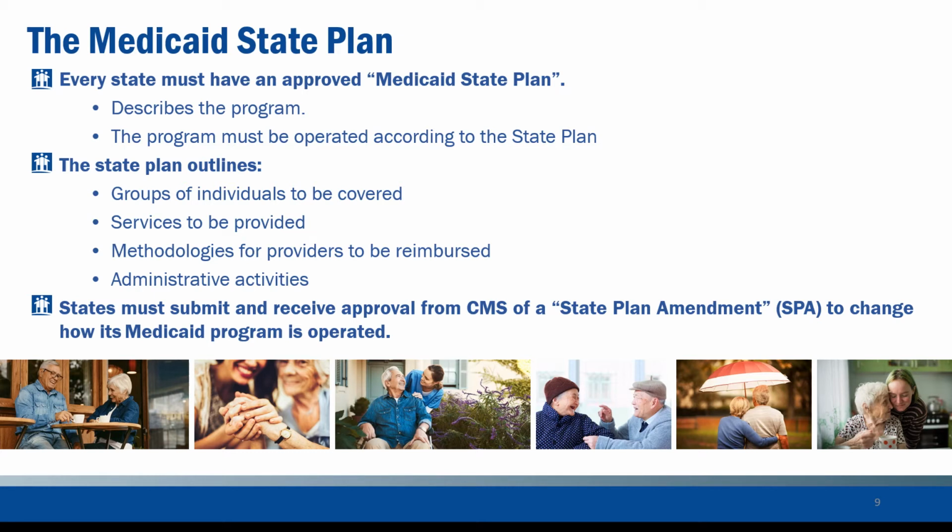The state plan outlines which groups of individuals are to be covered, which services are to be provided, the methodologies for which the providers are to be reimbursed, and any administrative activities. As noted, states must submit and receive approval from CMS of a state plan amendment to change how its Medicaid program is operated.